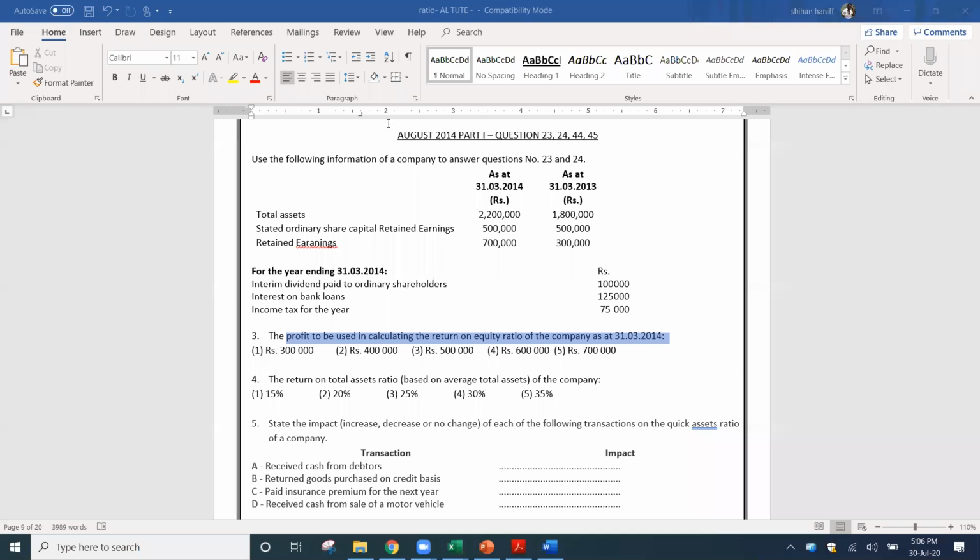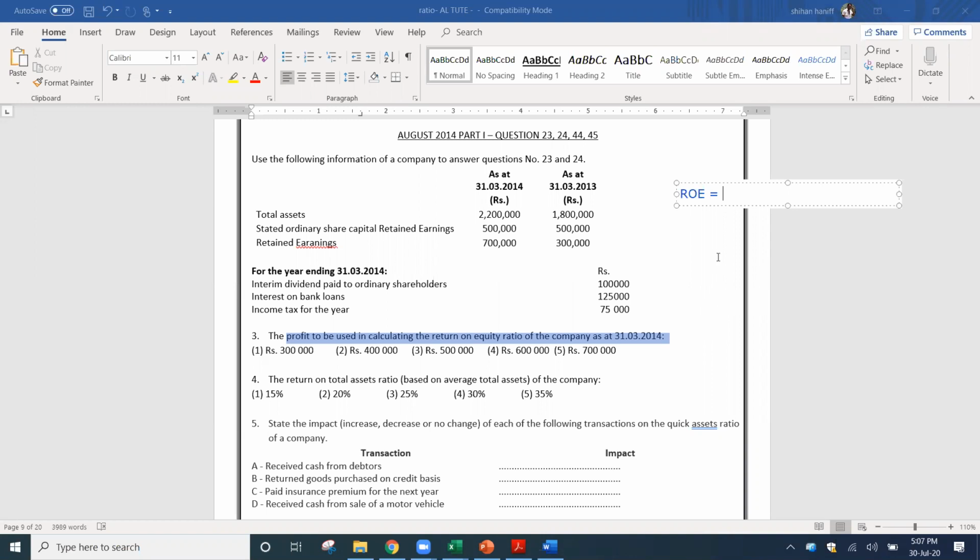Right, so let's try to calculate. 2014, that is the current year. That is return on equity, ROE.